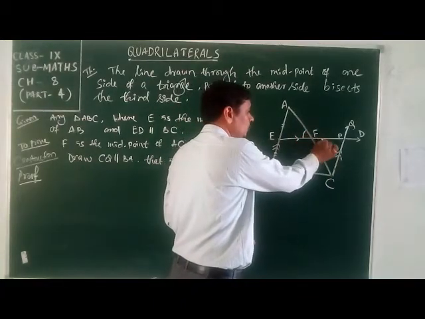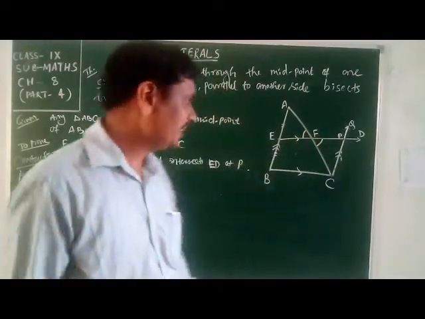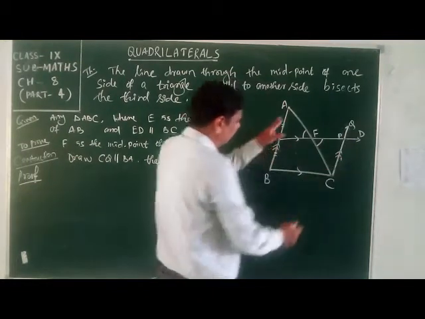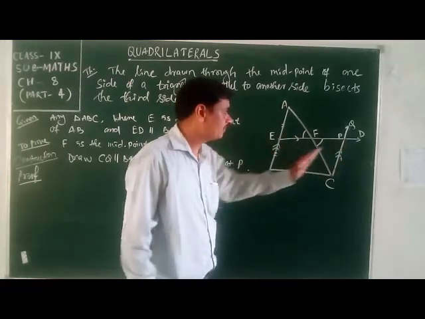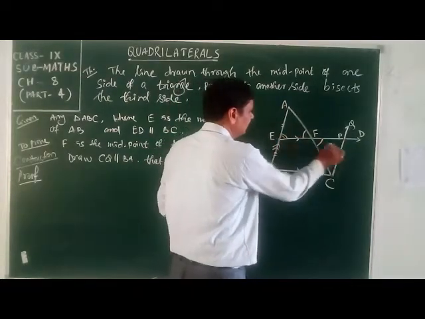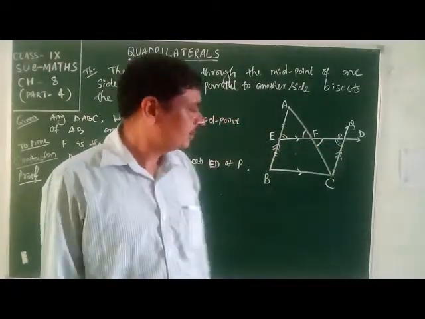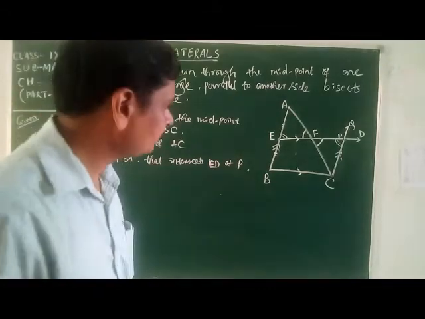Here, these two angles are equal because they are vertically opposite angles. It is constructed with two lines parallel, AB and PQ. Both are parallel. So this angle and this angle both become equal by alternate interior angles.